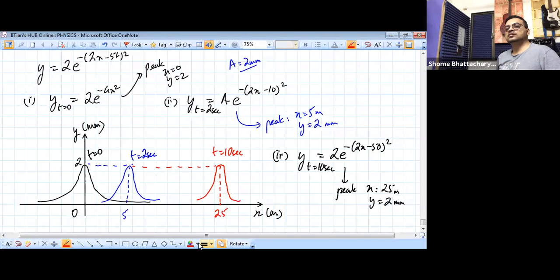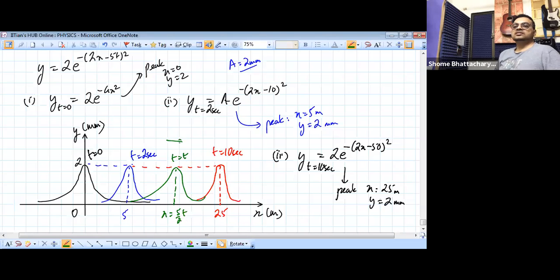And in general, at any time t, its peak would be somewhere here. This point would be where x is equal to, at any general time t, it would be such that this argument is 0. So it would be 5t by 2.